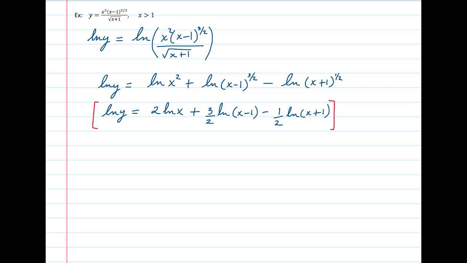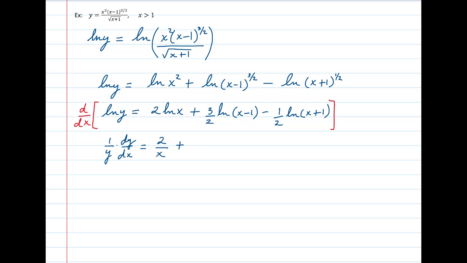Okay, so notice how after doing that, we can take the derivative with respect to x of both sides of the equation. Very straightforward here. So we already know the rule for the derivative of a natural logarithm, and we take the derivative of each term one at a time.